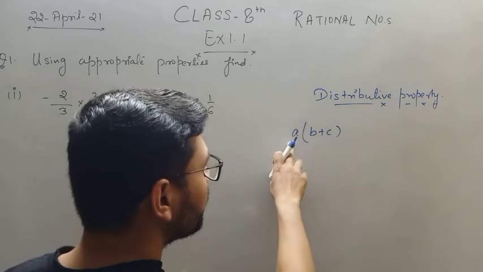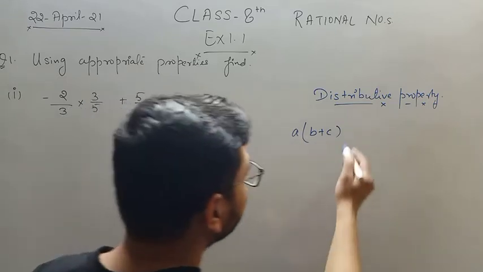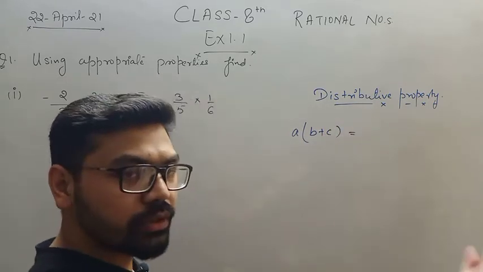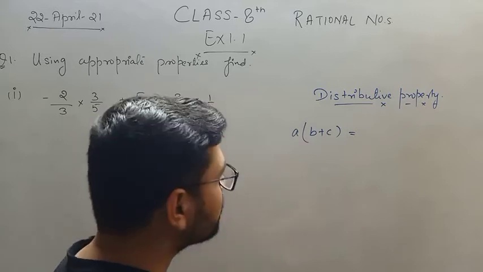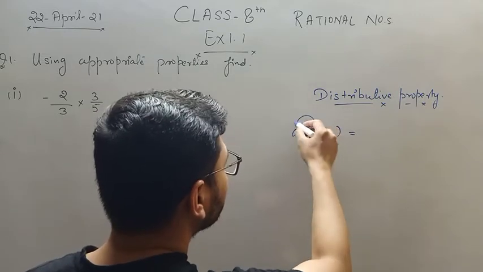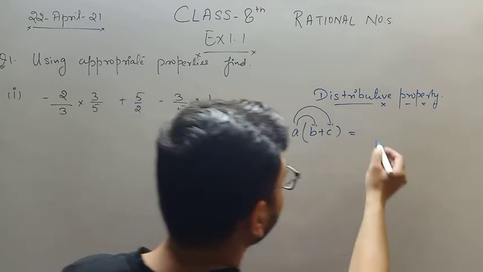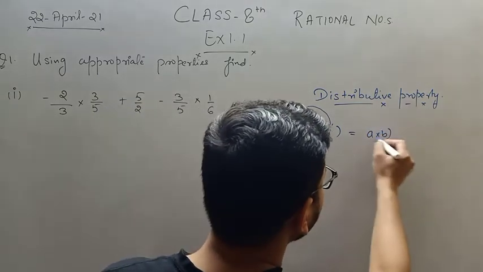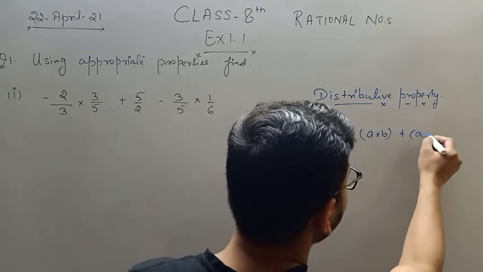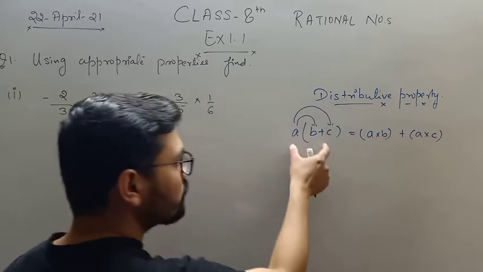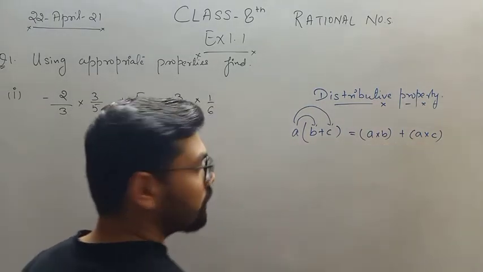Let's say a is multiplied by b plus c. So what distributive property means is a is now distributing between b and c: a into b plus a into c. So this thing can be written like this.